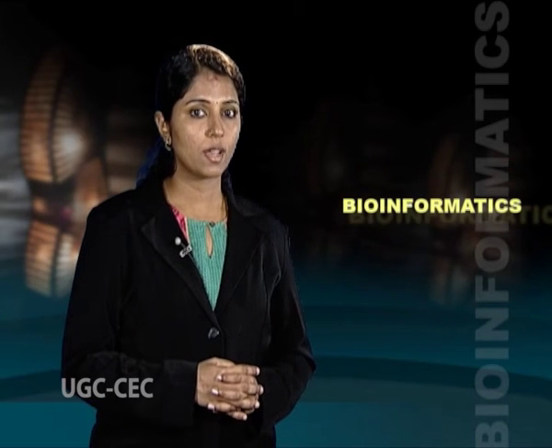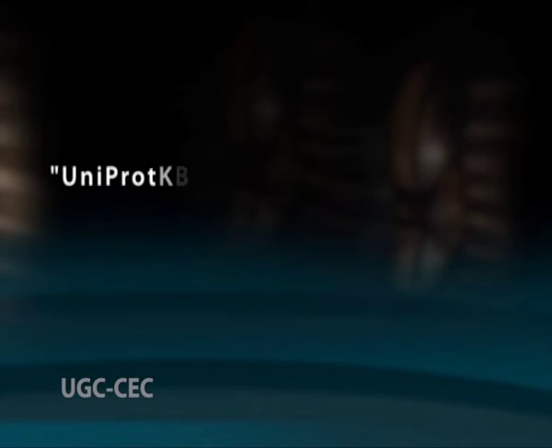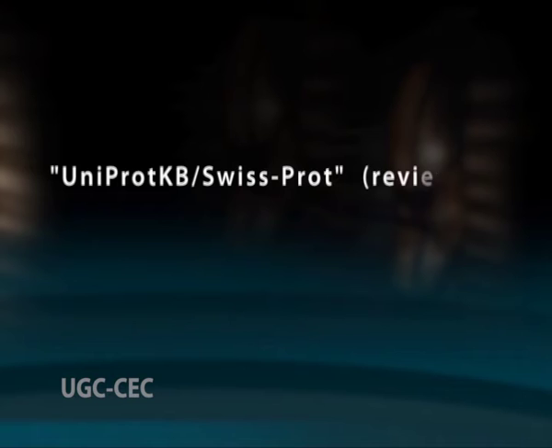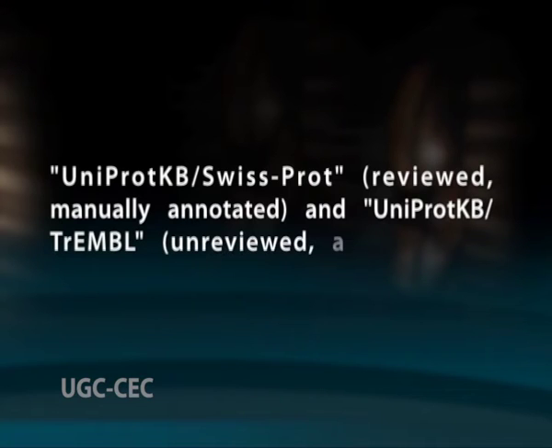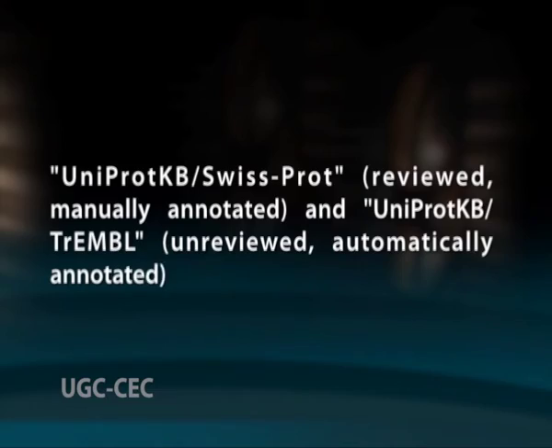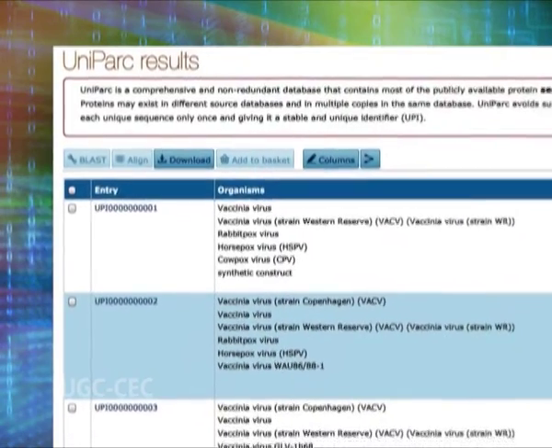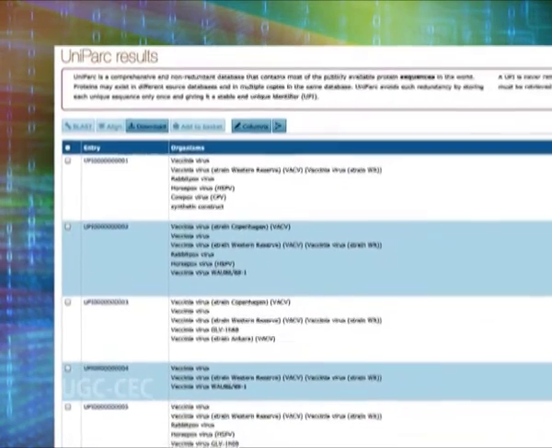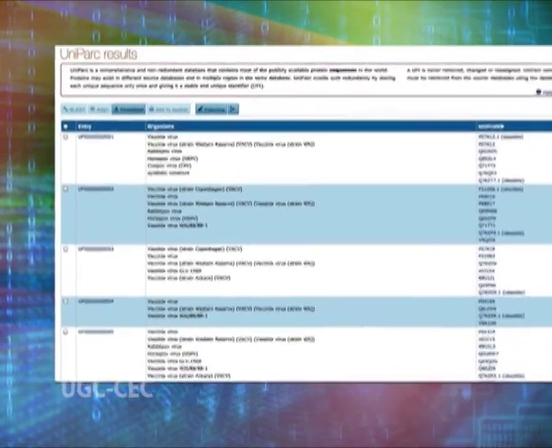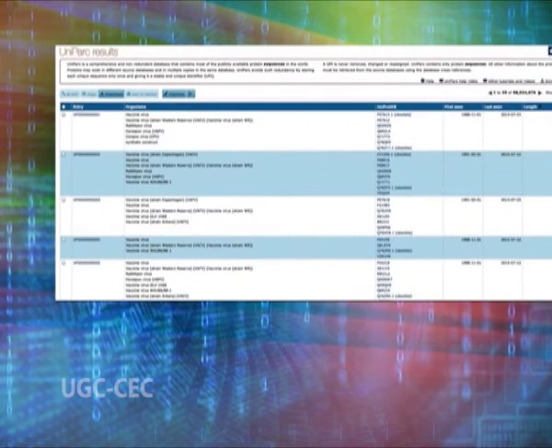These two sections are referred to as UniProtKB/Swiss-Prot, which has been reviewed and manually annotated, and UniProtKB/TrEMBL, which is unreviewed and automatically annotated. UniParc, the UniProt Archive, is a comprehensive and non-redundant database that contains most of the publicly available sequences.